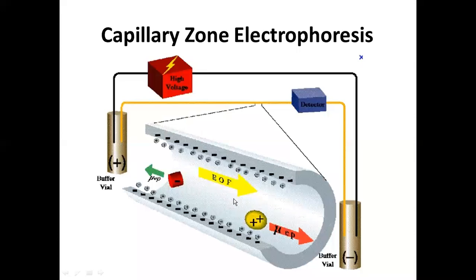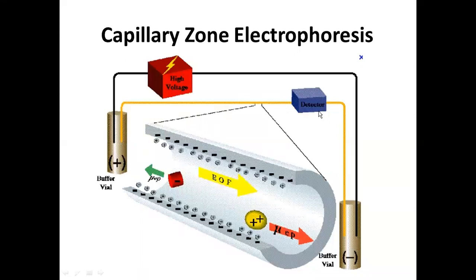In such a way, we have to use the buffer. So you have a source reservoir and a destination reservoir. The source reservoir has the buffer into which the anode is immersed, and the destination reservoir also has the buffer into which the cathode has been immersed. The terminals of the cathode and anode are connected to a high voltage device. And there is a capillary connected in between the source reservoir and the destination reservoir.